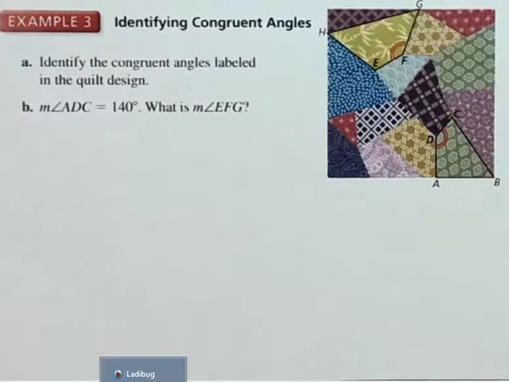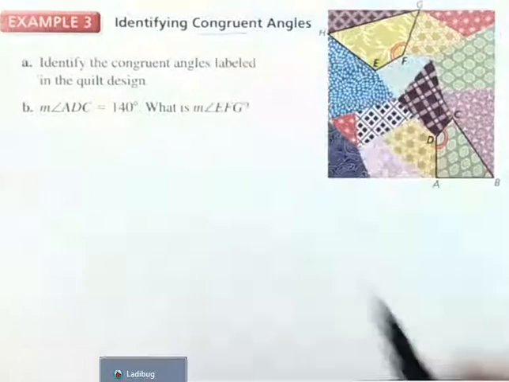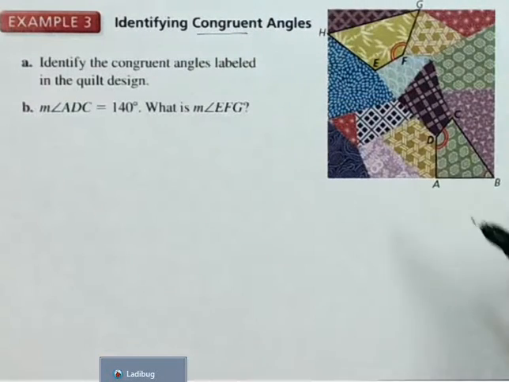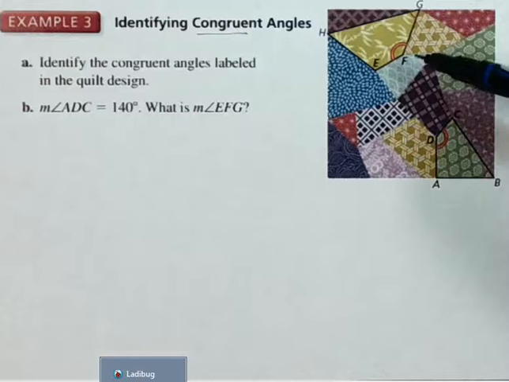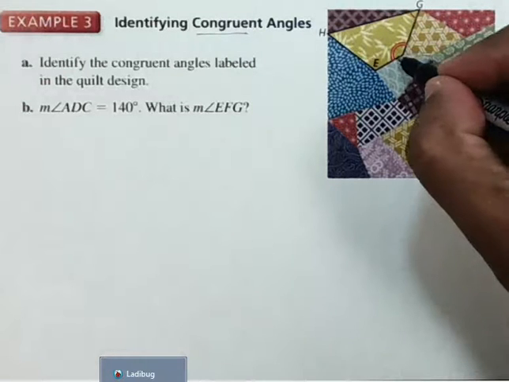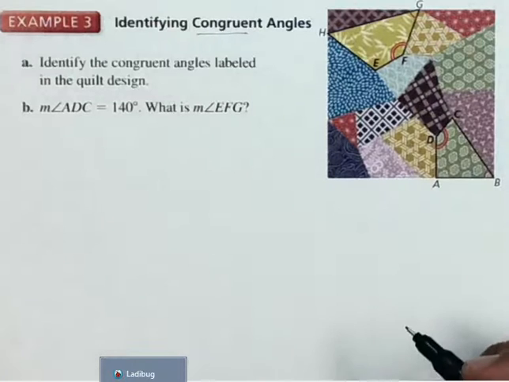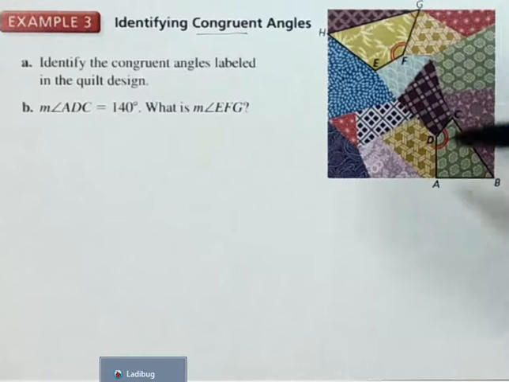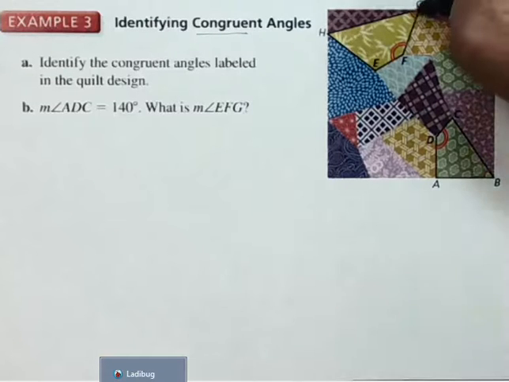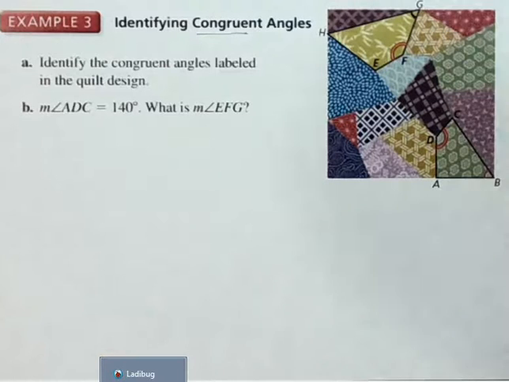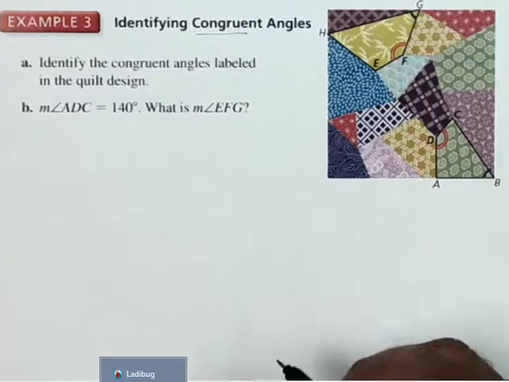Next we're going to talk about congruent angles. Now on a diagram, you'll notice there are these tick marks like we have for segments. They're arches. So you'll have arches to tell you which angles are congruent to which. So up here, angle G has one tick mark, and it might be a little hard to see on the screen, but angle B here also has one tick mark.